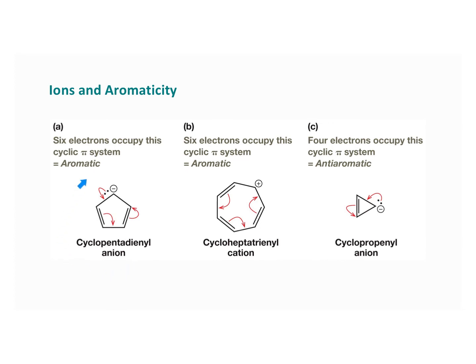The cyclopentadienyl anion and the cycloheptatrienyl cation here each have 6 pi electrons, and that makes them aromatic. The cyclopropenyl anion, by contrast here, has 4 pi electrons, and that makes it anti-aromatic. So each of these have a cyclic pi system and are planar.